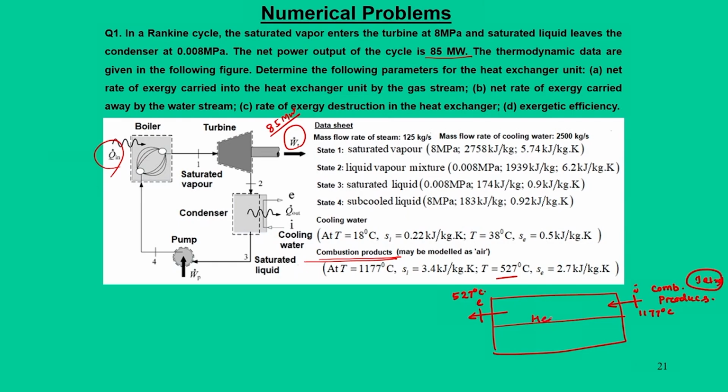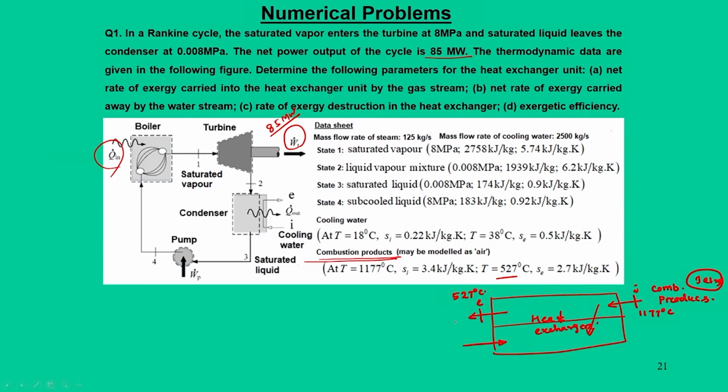We say it is a heat exchanger unit, and that is modeled as the boiler. Now, while doing so, this releases heat to the steam which is entering in a counter flow manner.